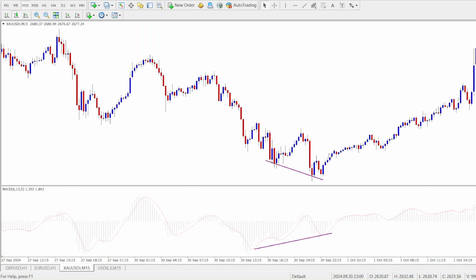On the other hand, for a bearish divergence, it's just the opposite. If price is making higher highs, but the MACD makes lower highs, it signals a weakening bullish momentum and a potential reversal to the downside.